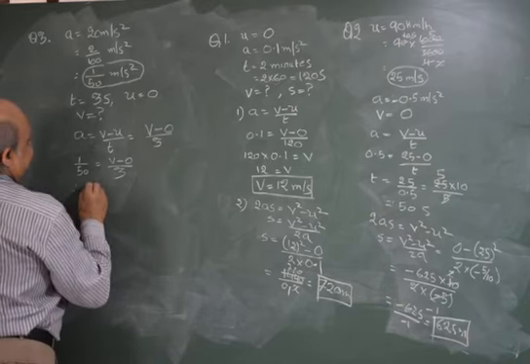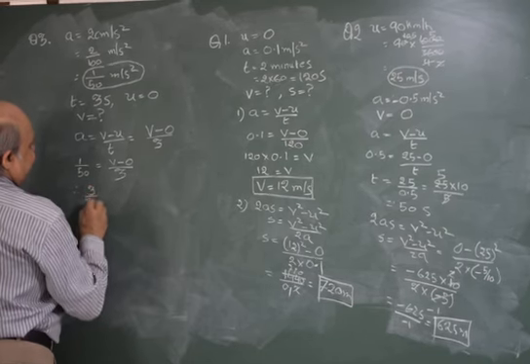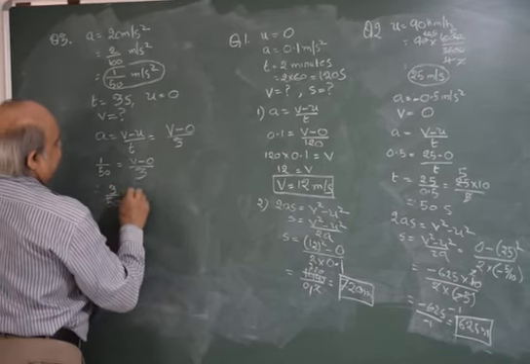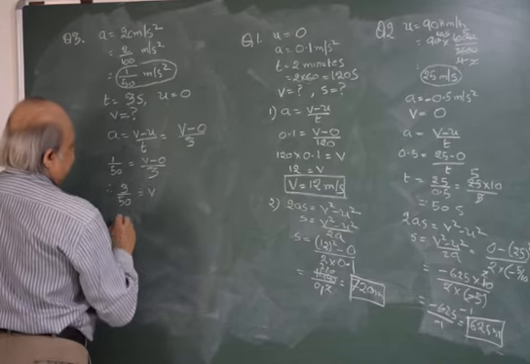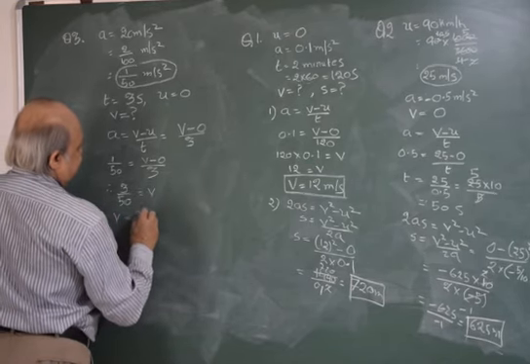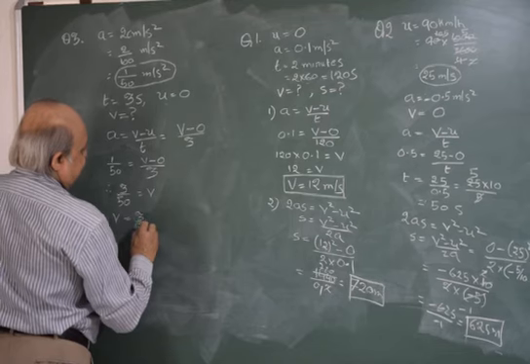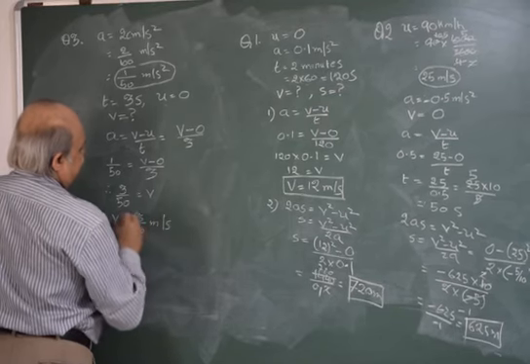Therefore we have 3 upon 50 equal to v. So v is equal to 3 upon 50 meter per second.